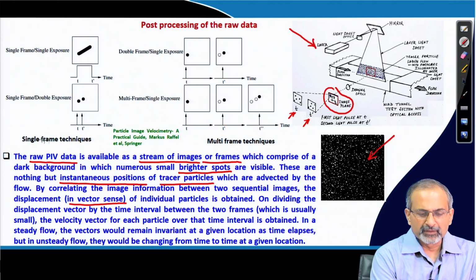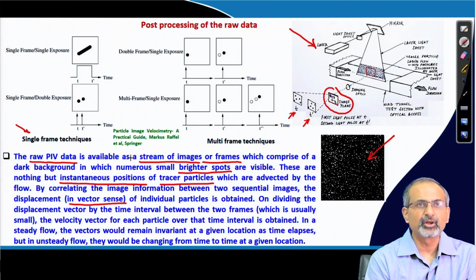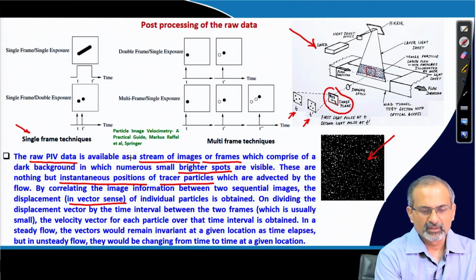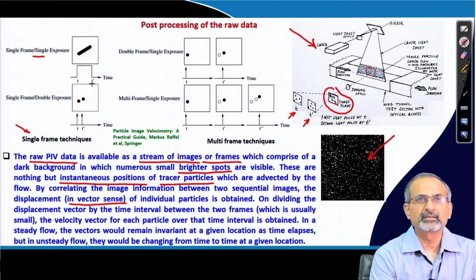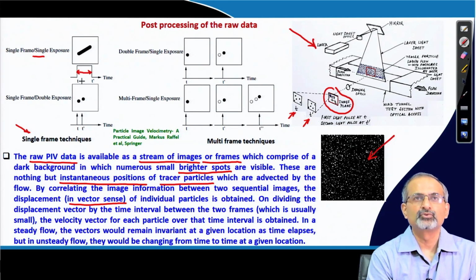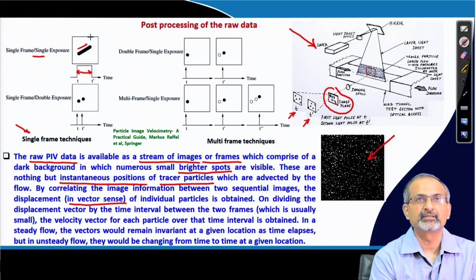When we look at different ways of analyzing this picture, there could be different kinds of techniques deployed. You have a single frame technique, where in a single frame you look at the particles over a certain time corridor and you keep looking at them through the entire corridor. So, the particle essentially traces a path during that period and you get a kind of a streak.